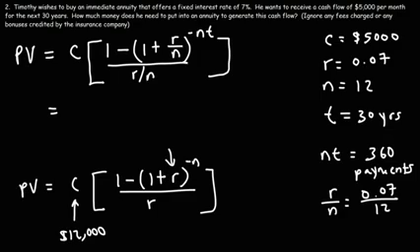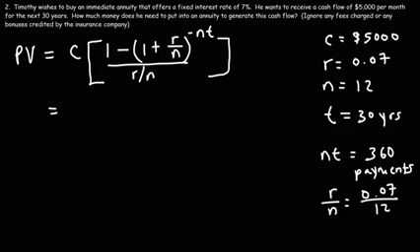R would still be 0.06 and N would be 30 years if the interest is credited on an annual basis. So this problem is equivalent to the insurance company making 30 payments once every year, with each payment being $12,000 a year. But if interest is credited monthly, then the cash flow needs to be the monthly cash flow, and we need to use R over N. We need to divide R by the 12 months in a year. So just keep that in mind.